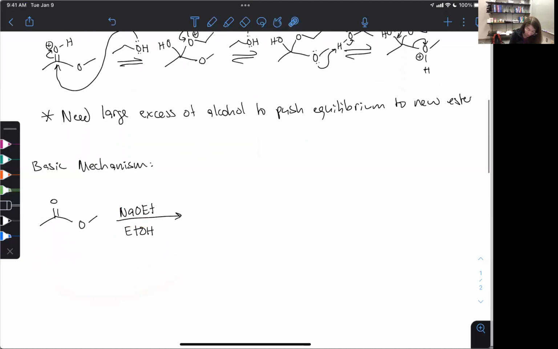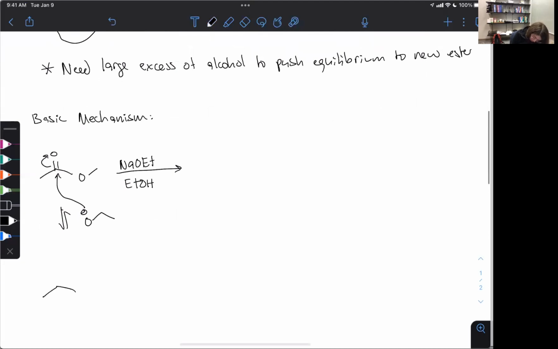And it gives us something that can do some proton transfers when we need it. So with this, just like in a normal carbonyl reaction, if we've got the base first, we are going to go straight into the nucleophilic attack. So we can have our OEt minus go directly to that carbonyl and push the electrons up onto the oxygen.